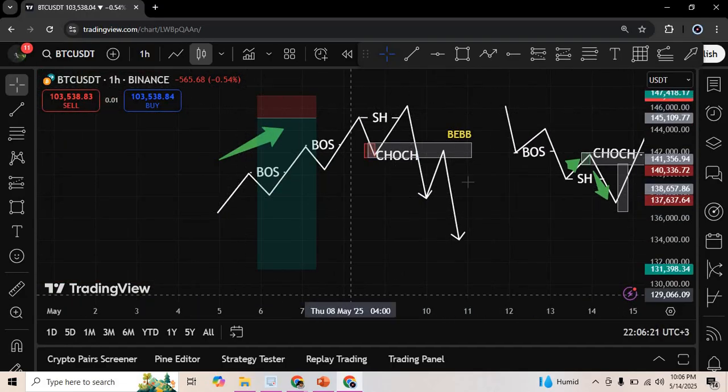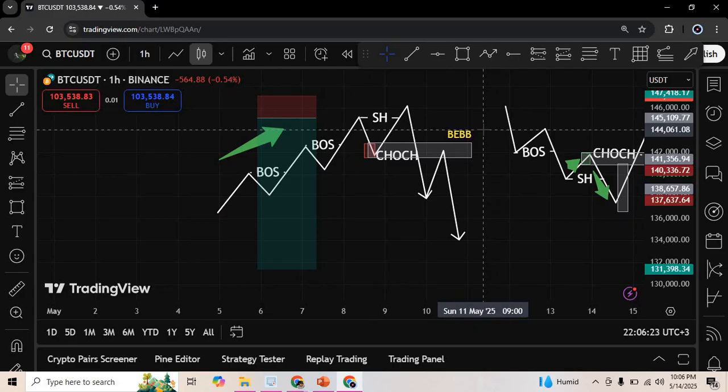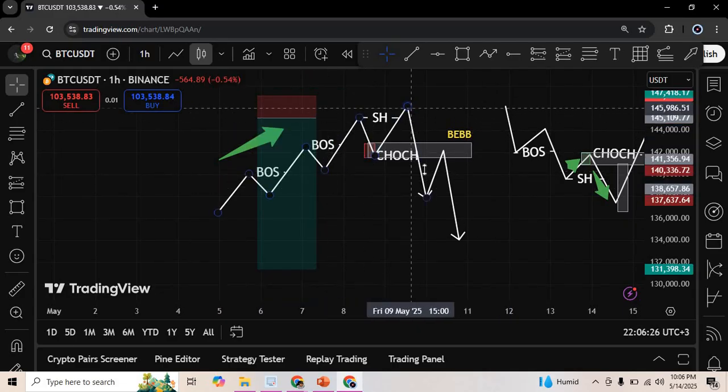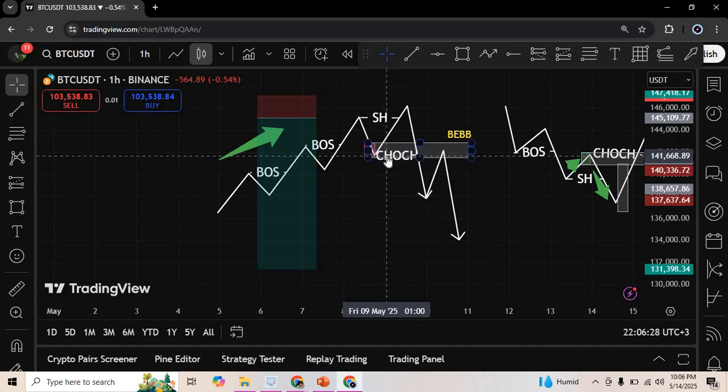A stopper is up here, it was an uptrend, downtrend, a stopper is right here, the change of character is down here. So is it a bullish Quasimodo or a bearish Quasimodo? It's a bearish Quasimodo. You're correct. So what are we looking for? A long position or a short position?